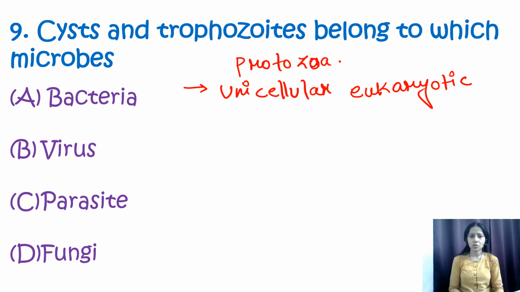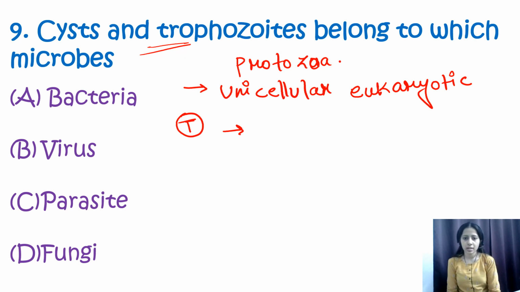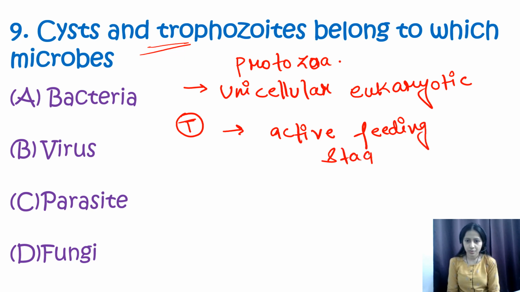And these trophozoites, I'll write T. These trophozoites are basically the active feeding stage of many of the protozoan parasites. Whereas these cysts are the dormant, resistant stage that allows the parasites to survive in harsh environmental conditions.